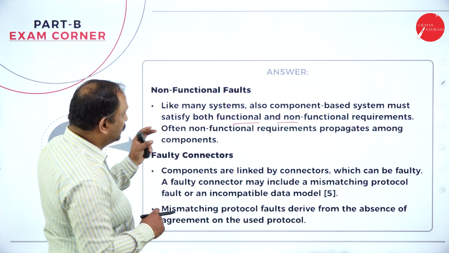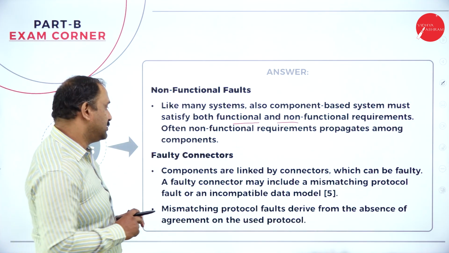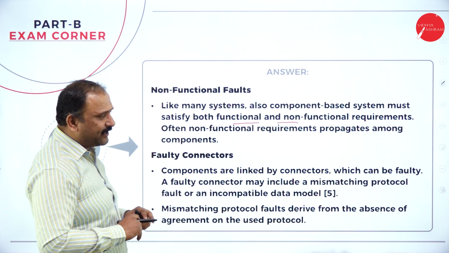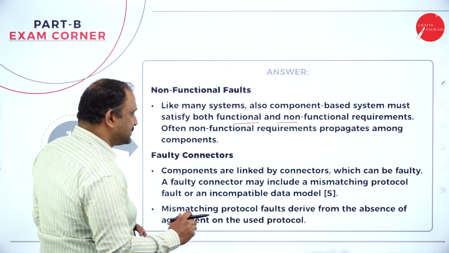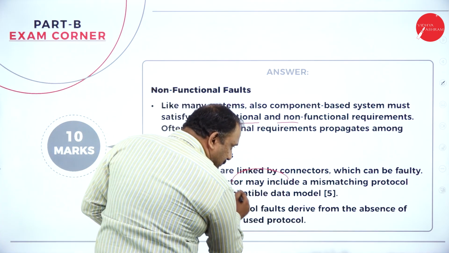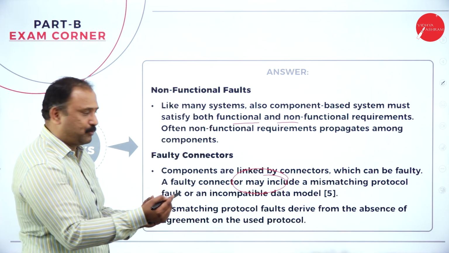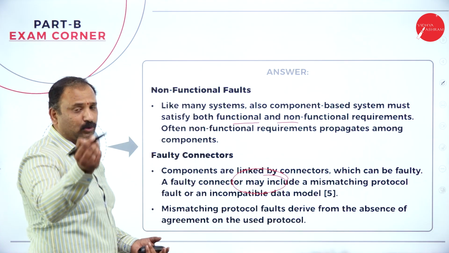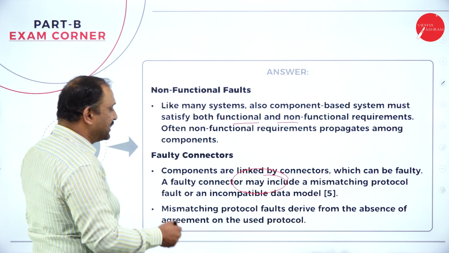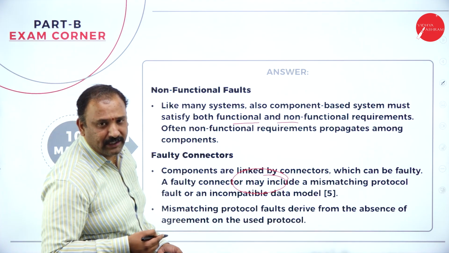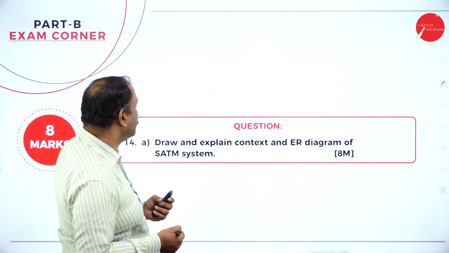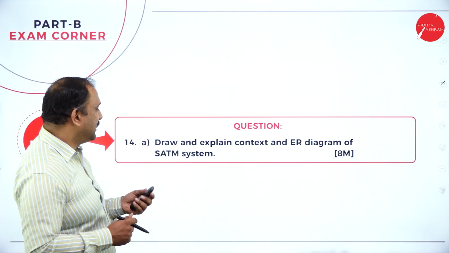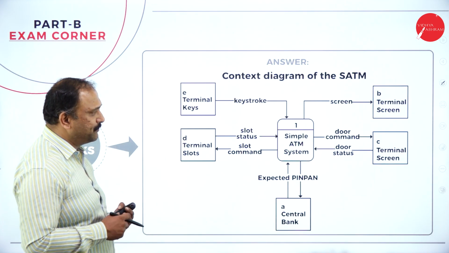That's where we will look into these non-functional faults altogether. Now, a faulty connector is one which is linked by the connectors, which may include a mismatching protocol. For example, if the protocol is not in sync, that can also lead to a fault taxonomy here. Now, let's try to explain the ER diagram of an SATM, which is also an important question.